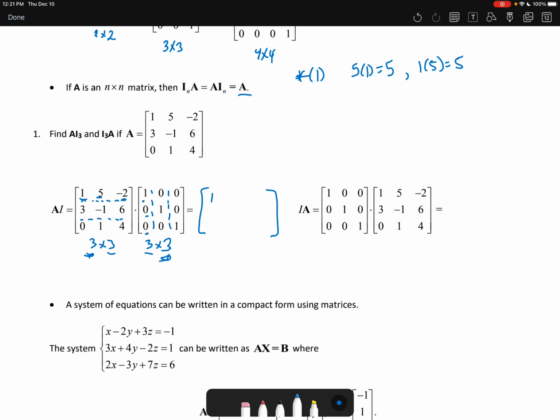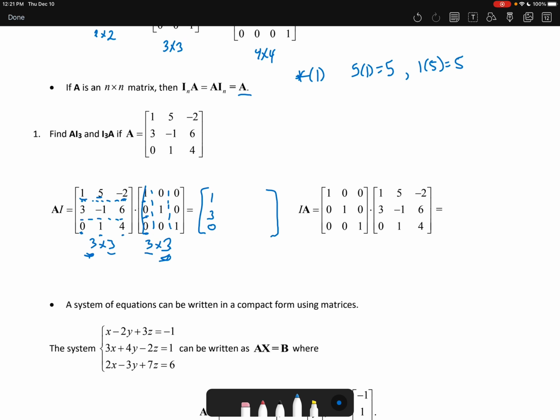Keep going down this first column: 3 times 1 plus negative 1 times 0 plus 6 times 0, you'll get 3. And this bottom row, 0 times 1 plus 1 times 0 plus 4 times 0 gives us 0. And we have now finished this first row.